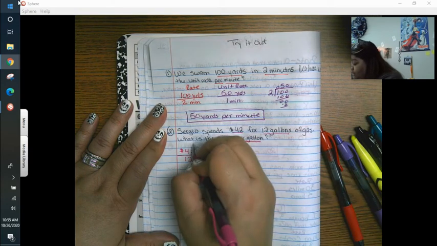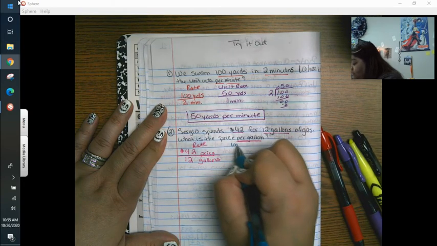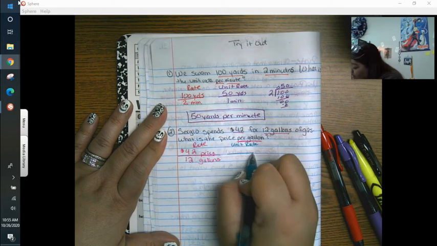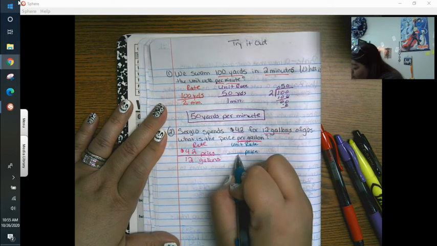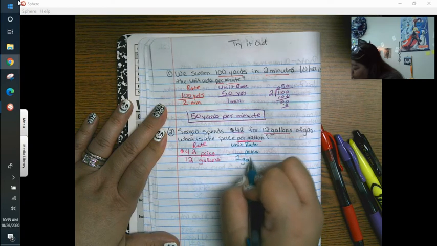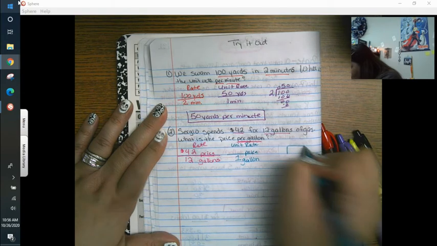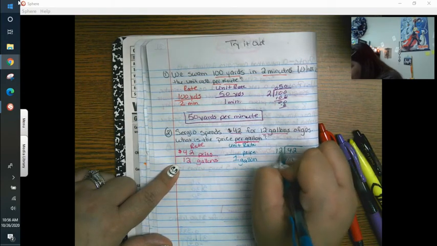Now this is the rate. Let's find the unit rate. So I need to figure out, what's the price for 1 gallon? Okay, so we do our little division here. 42 goes in, money goes in, 12 gallons stays out.